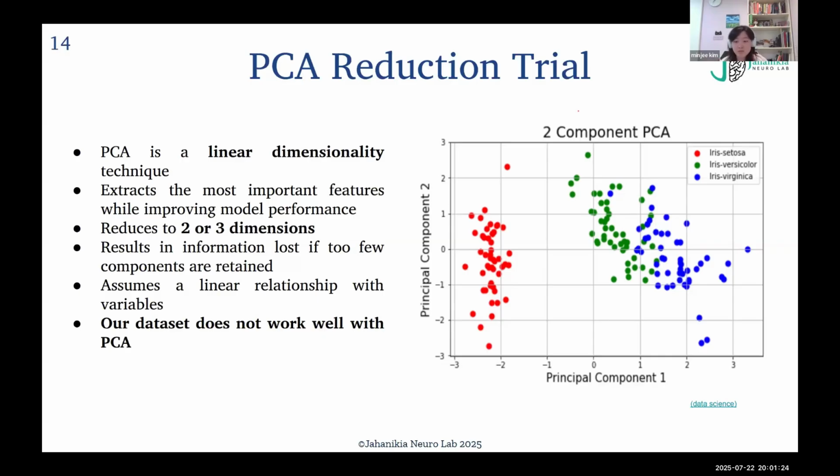Our dataset, however, is nonlinear. For example, the number of atoms and the pKa, or the blood brain barrier score and hepatotoxicity, aren't really linearly related. And thus, our dataset was not ideal for the PCA reduction trial, and we got inconclusive results.